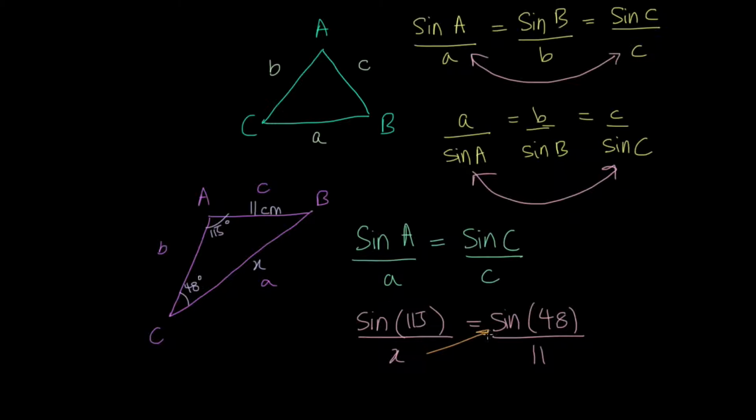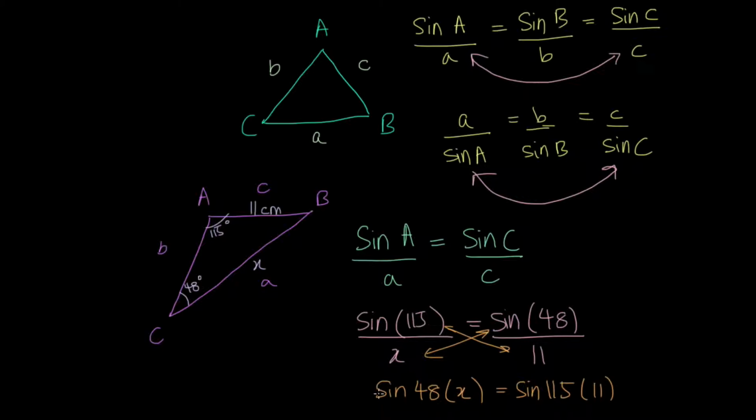To solve for x, now I have to cross multiply. So this would give me sine of 48 times x to be equal to sine of 115 times 11.